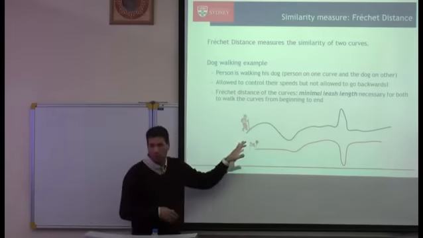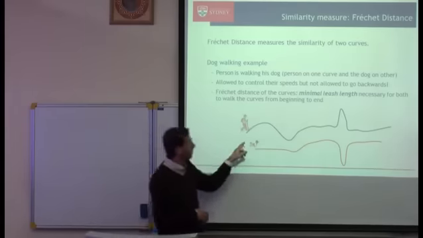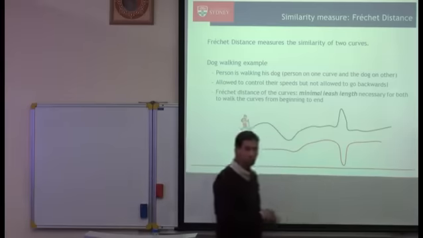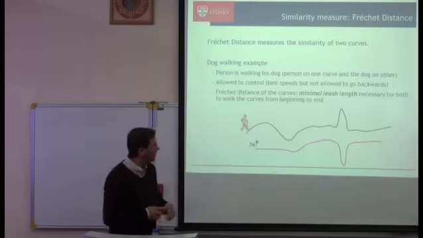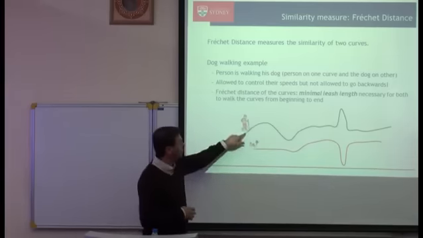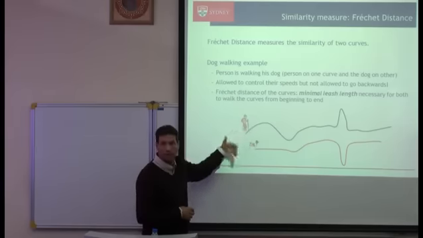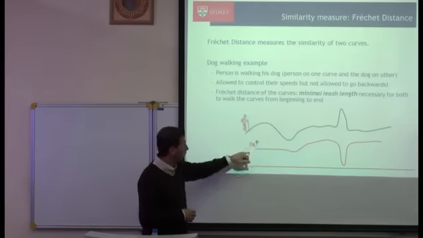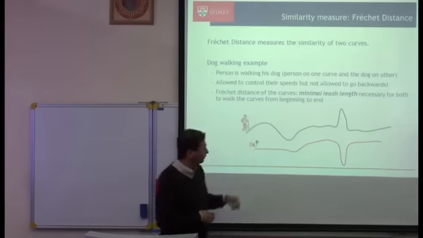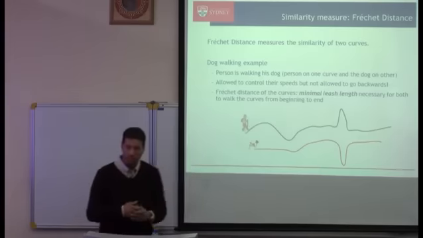You have the owner of a dog and the dog, and you have the two curves that you want to measure the distance between. So you set the owner of the dog to follow one of them, and he has to start at the start point. And you set the dog to follow the other curve, and he has to start at the start point.